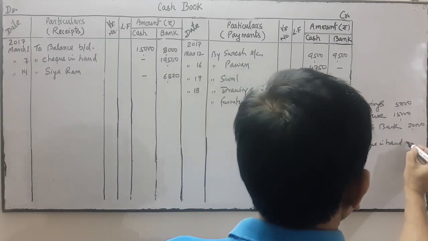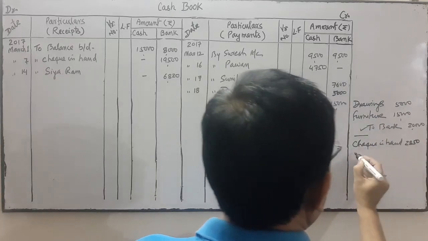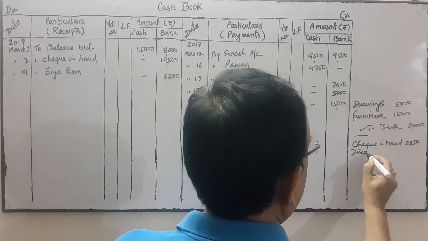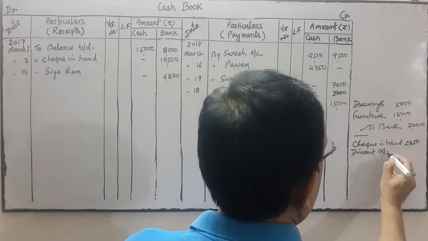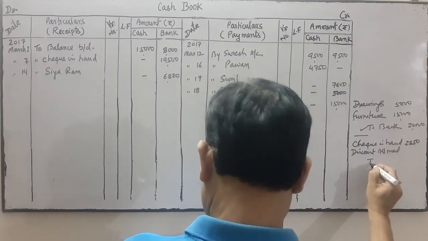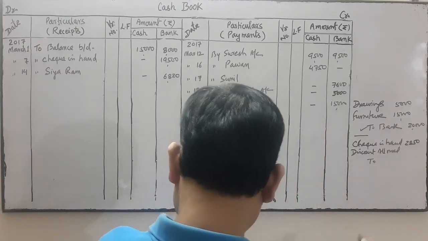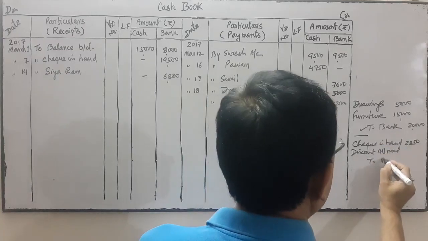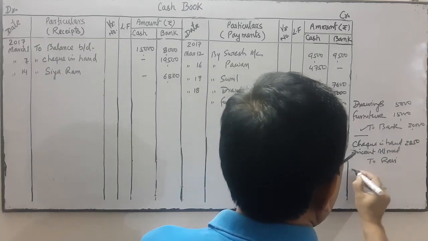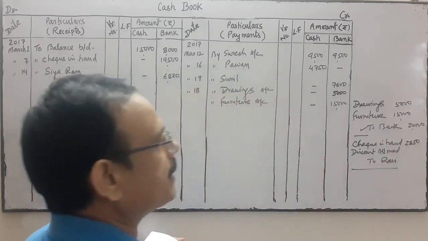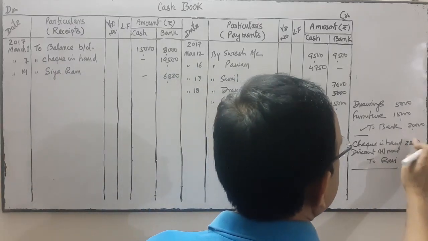So this is 2,850, discount allowed to. We have received this amount from whom? We received this cheque from Ravi's account. So we have to calculate the discount amount.